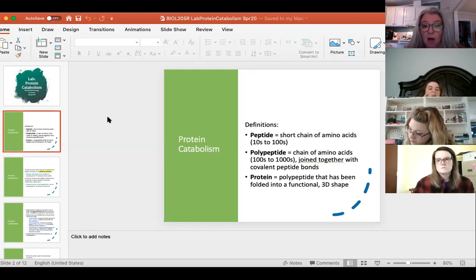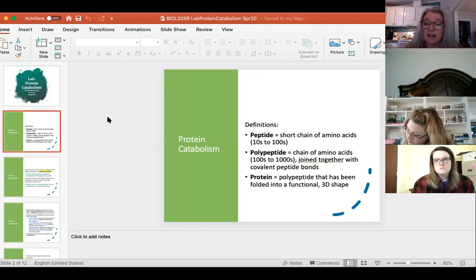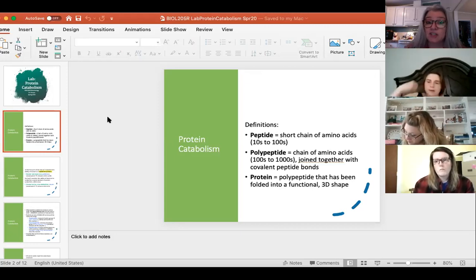The term polypeptide is essentially a long chain of amino acids. And by long, again, we're saying somewhere in the hundreds of amino acids to the thousands of amino acids. But when you hear the word polypeptide, they're specifically talking about the chain of amino acids that is produced during translation.